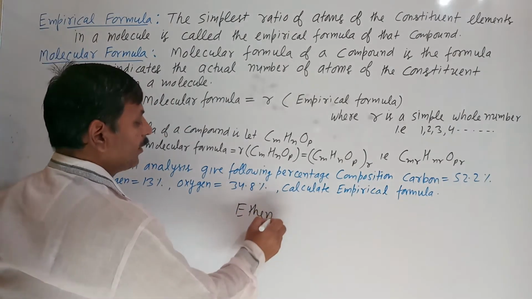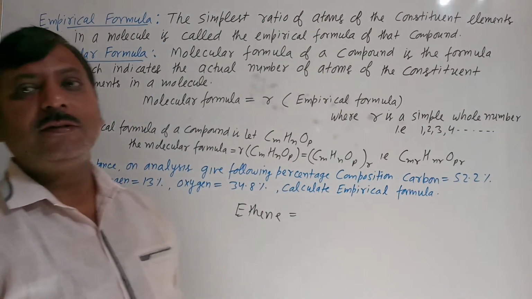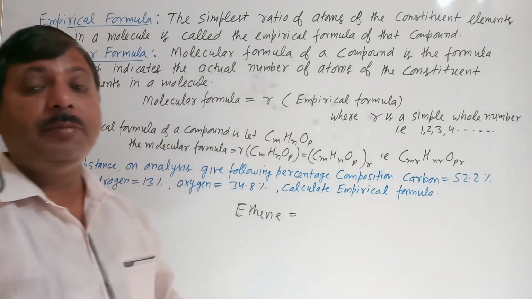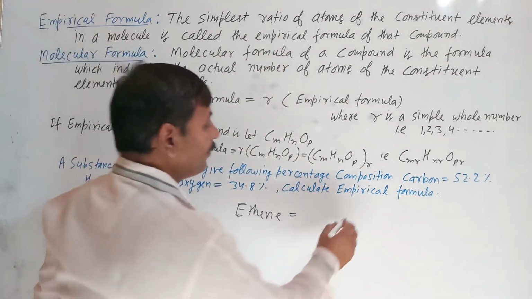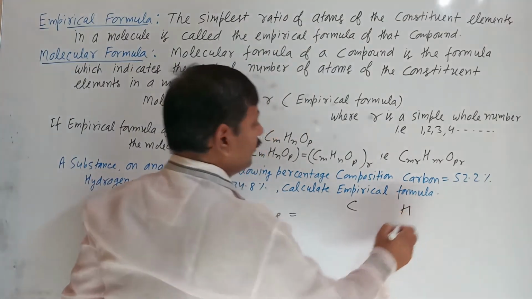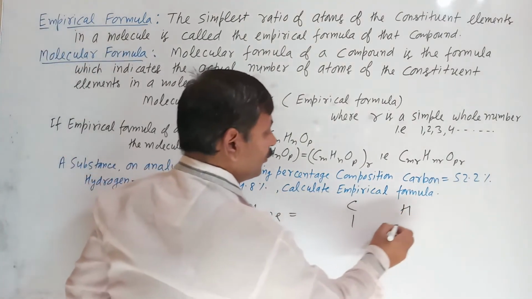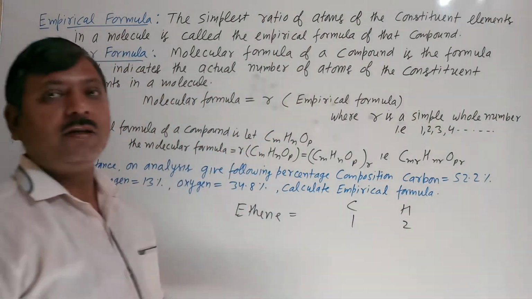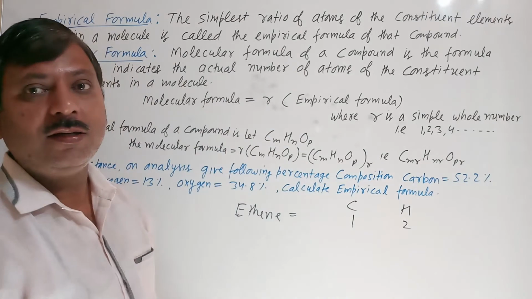अगर मैं एथीन की बात करूँ, ठीक है, तो इन एथीन इफ विल सी व्हाट विल बी द रेशियो, सिंपल रेशियो ऑफ कार्बन एंड हाइड्रोजन. कार्बन एंड हाइड्रोजन तो दे आर इन 1:2. 1 carbon, so there are 2 hydrogen. If we will go for the empirical formula, what happen?